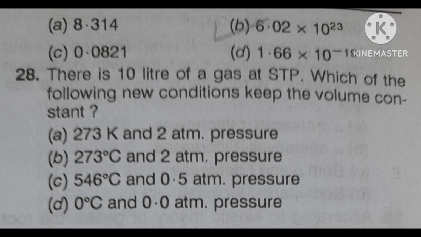Then P1 upon T1 is equal to P2 upon T2, and this is also the same value, 1 upon 273. So option second, 273 degrees centigrade and 2 atmospheric pressure, is the correct one, and only at this condition will the volume be constant.